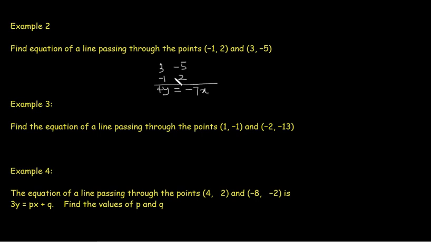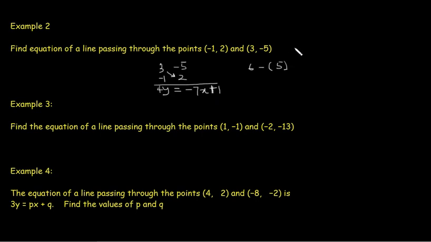Now we find the c by cross multiplying. So we have 3 times 2, that is 6, minus -1 times -5, which is 5. So 6 minus 5 is plus 1.